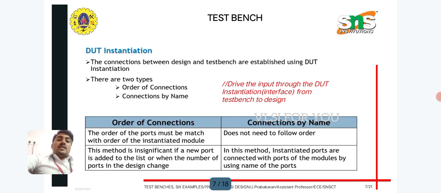Connection by name does not need to follow order. In connection by order, this method is insignificant if a new port is added to the list or when the number of ports in the design changes. While considering connection by name, in this method, instantiated ports are connected with ports of the modules by using the name of the ports.